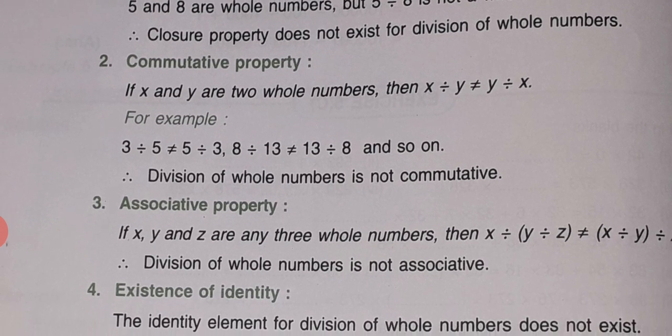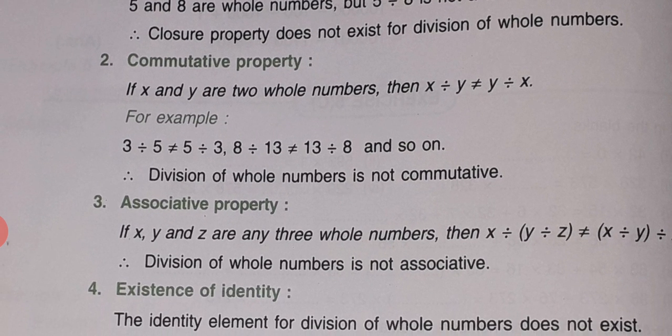Next, coming to commutative property. If x and y are two whole numbers, then x divided by y is not equal to y divided by x. For example, 3 divided by 5 is not equal to 5 divided by 3, or 8 divided by 13 is not equal to 13 divided by 8. You can also find many of these types of numbers. So division of whole numbers is not commutative.